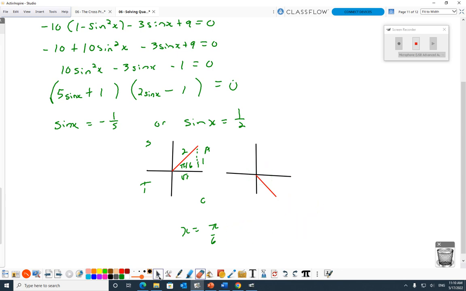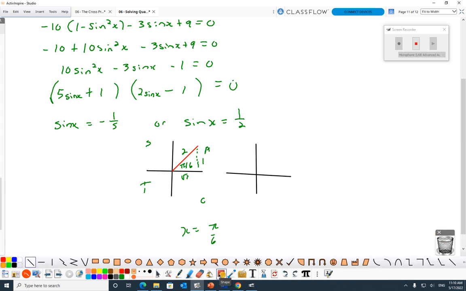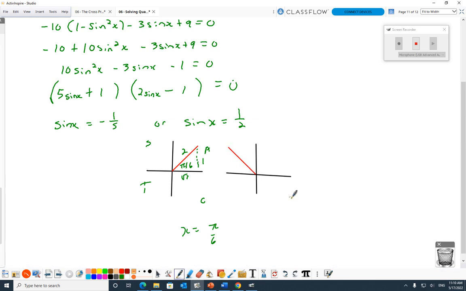Sine is positive in this quadrant. Which quadrant is it? Here. I'll relabel the cast rule on there. Opposite hypotenuse, pi/6. So 5 pi/6.